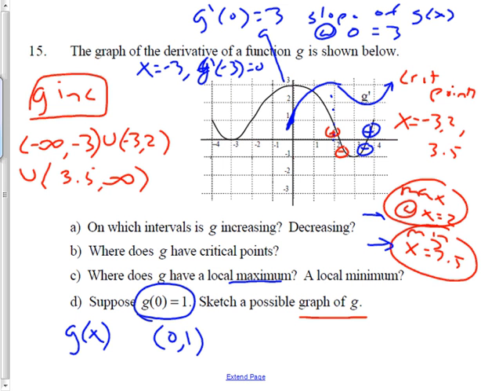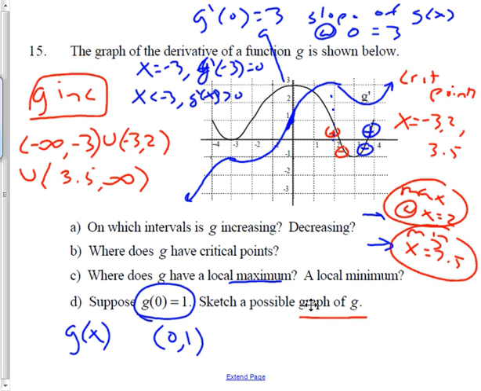So it's going to flatten out for a second. So we're coming, negative 3 is 0. But afterwards, for x being less than negative 3, g prime of x is greater than 0. So it still has a positive slope. So we're going to go down again.